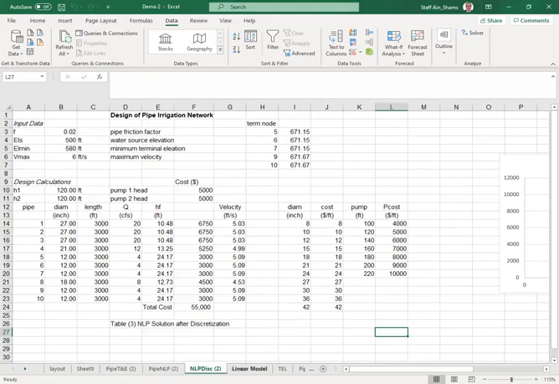For some larger problems, and for very good reason, because the obtained nonlinear solution is not guaranteed to be a global minimum, we used a linear model.